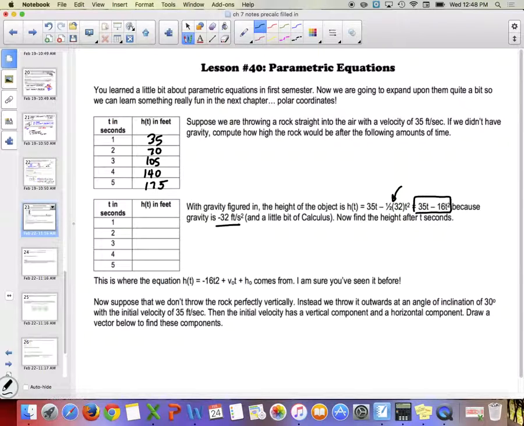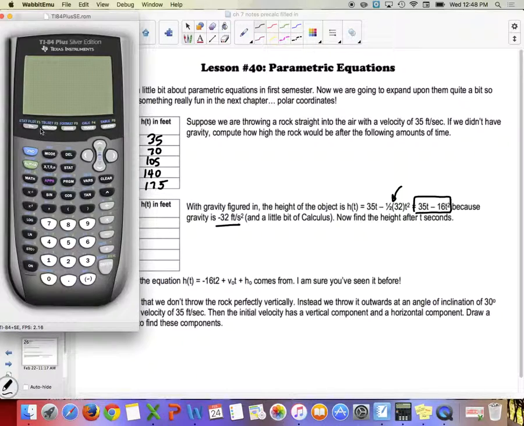Since I have to find several values, 1, 2, 3, 4, and 5, I'm going to put this into my calculator as y1. So I'm going to y equals, and I'm putting in 35x minus 16x squared.